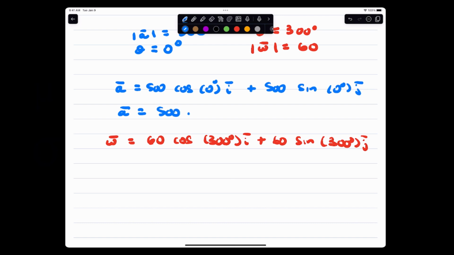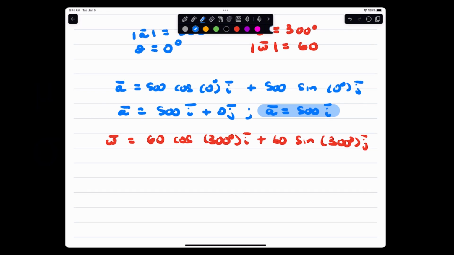This is 500I, and you say plus, is that 0J? And I'll say, yeah, but what does that even mean? That means it's just 500I. There's your vector. That's what we're looking for. That's the vector, 500I. Now, that makes sense because this only has a horizontal component. And if I look back at the picture, we only have a horizontal component. So I'm going to leave it like that.